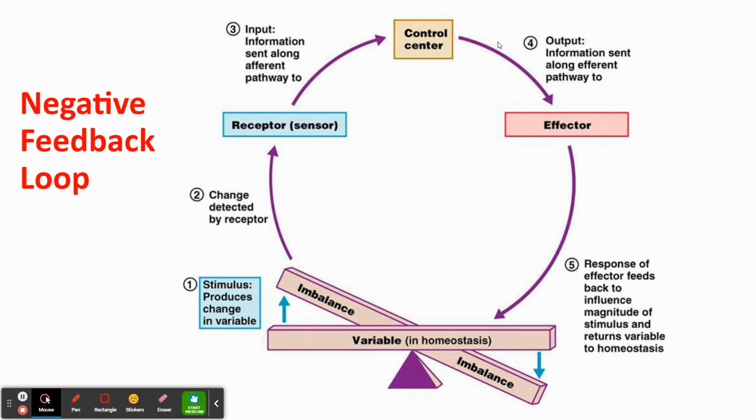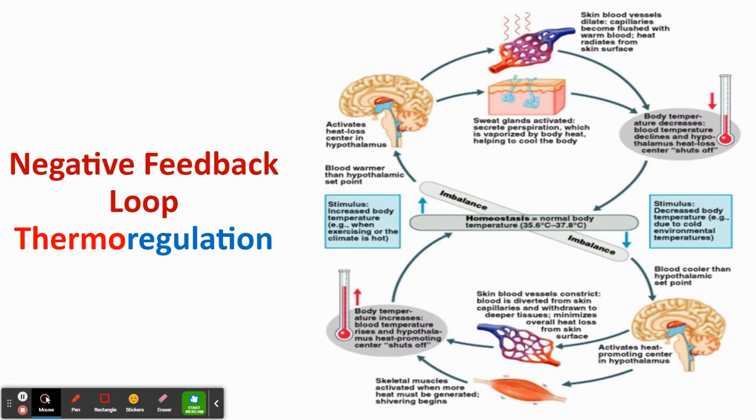The control center is now going to send another signal to an effector, and then the effector is going to basically release a chemical, cause something to happen that then brings our imbalance back into balance. And that's a basic model of a negative feedback loop.